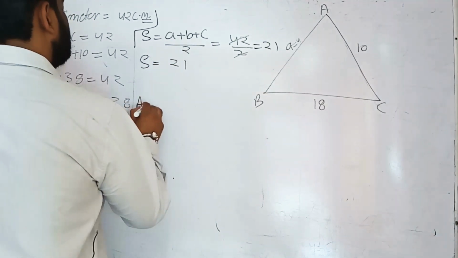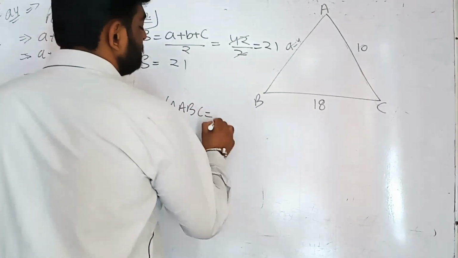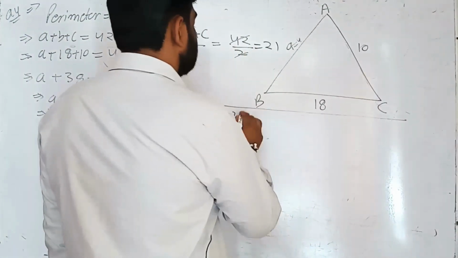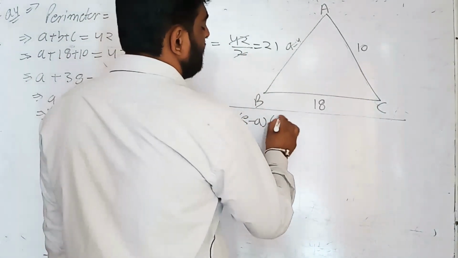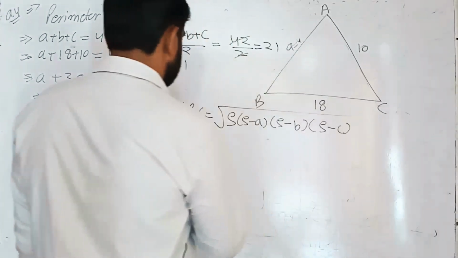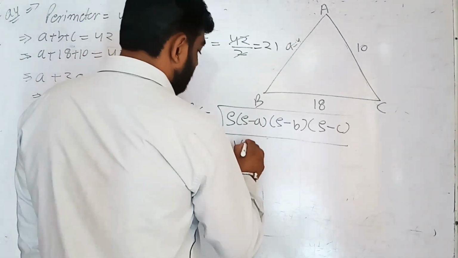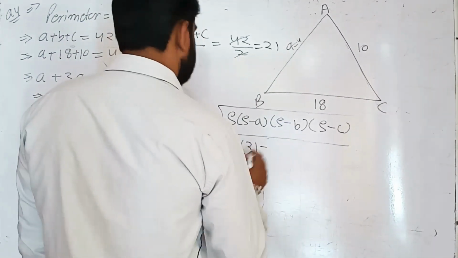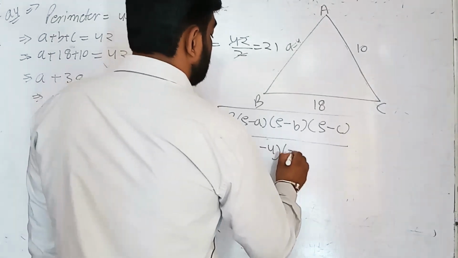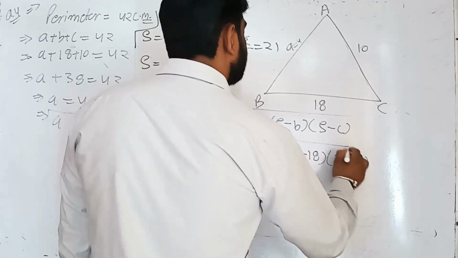So area of triangle ABC equals under root S(S minus A)(S minus B)(S minus C), students. We write the value of S, that is 21, and then 21 minus 14, 21 minus 18, and 21 minus 10.